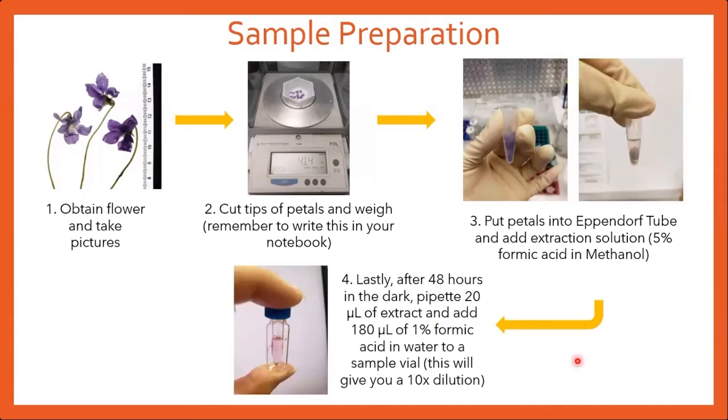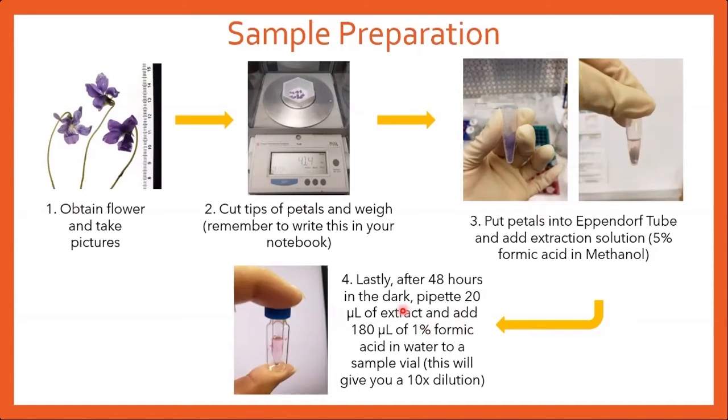Lastly, after 48 hours in the dark, we actually have to keep these in the dark, since pigments could sometimes break apart. So we want to make sure we keep them away from light for around 48 hours. We then pipette around 20 microliters of the extract, making sure we don't get any of the solid.